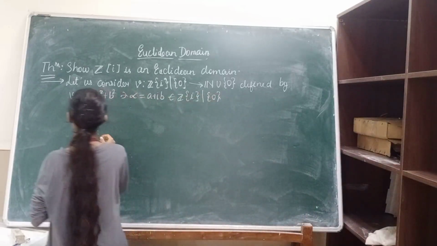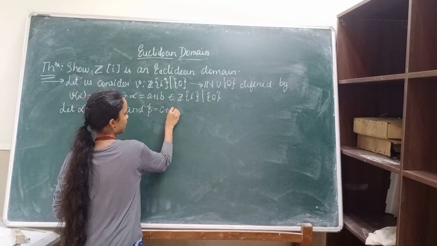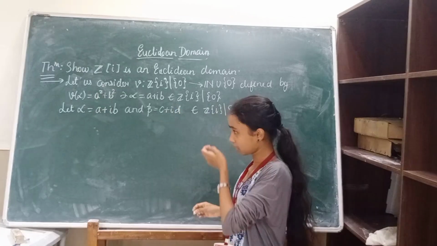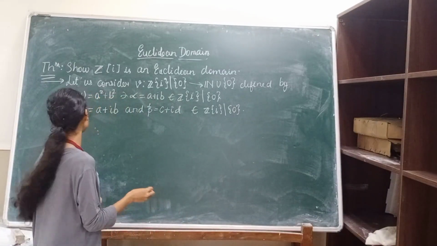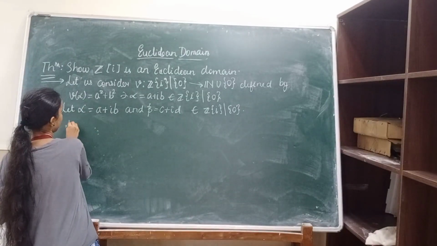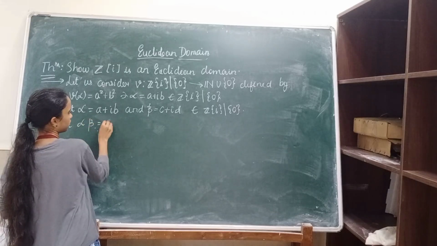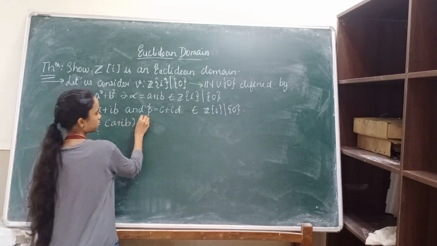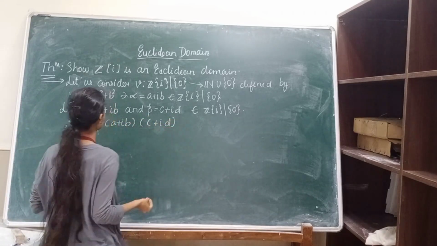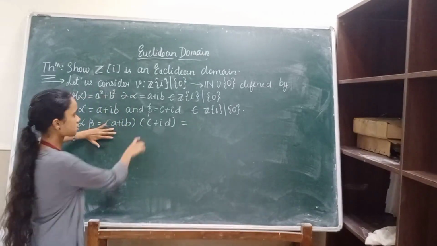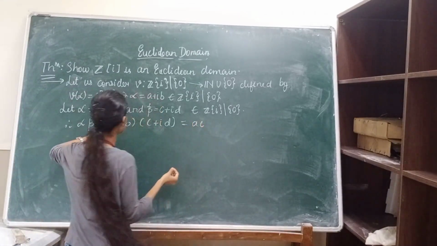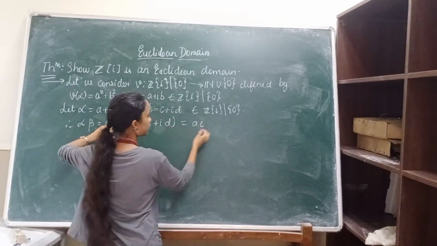Let beta be equal to C plus iota D. Now what will be alpha into beta? Therefore alpha times beta will be equal to A plus iota B into C plus iota D. That is equal to multiplying the first term with the first term, that will give you AC, and the first term into the second term of the second element.